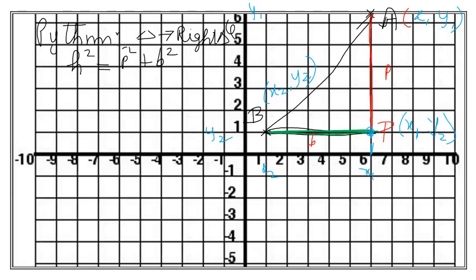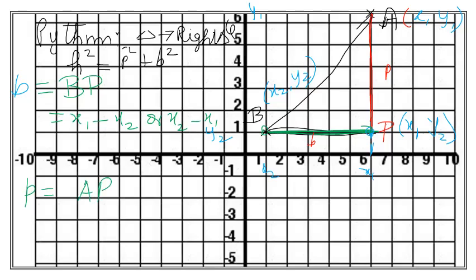Now the question is, how do we find the base? Base is from B to P, that is x1 minus x2. You can write x2 minus x1. The next one is AP, that is my perpendicular side.